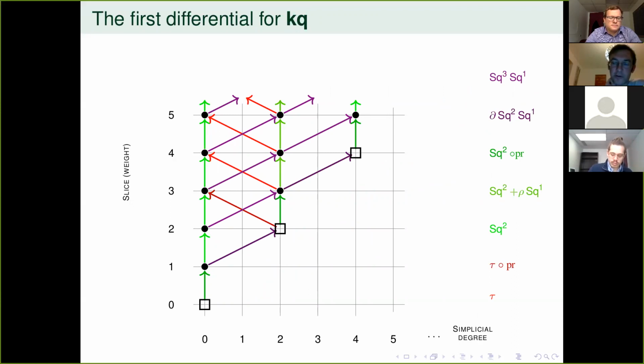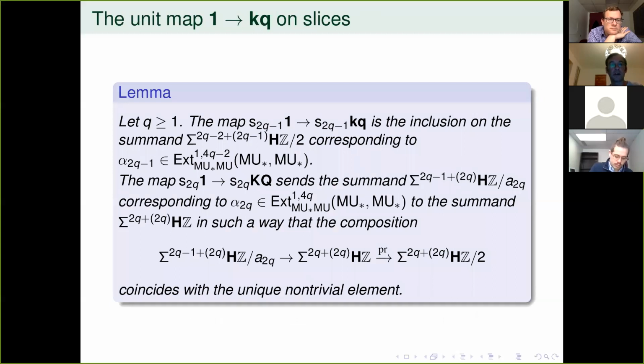And in order to get to the sphere, we now have to look at the unit map from the sphere spectrum to little kq. And there's the following lemma, which maybe looks a bit overwhelming. This lemma tells you what the unit map does on the alpha family.